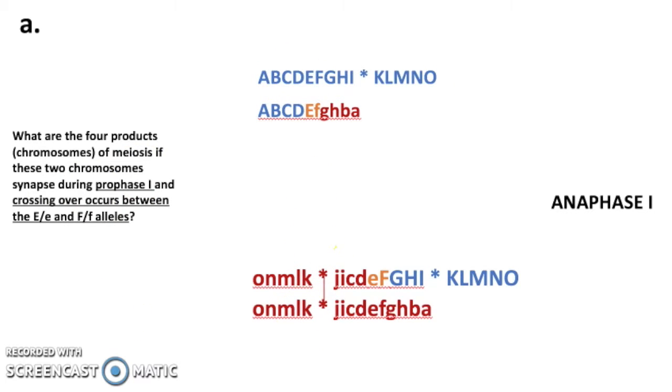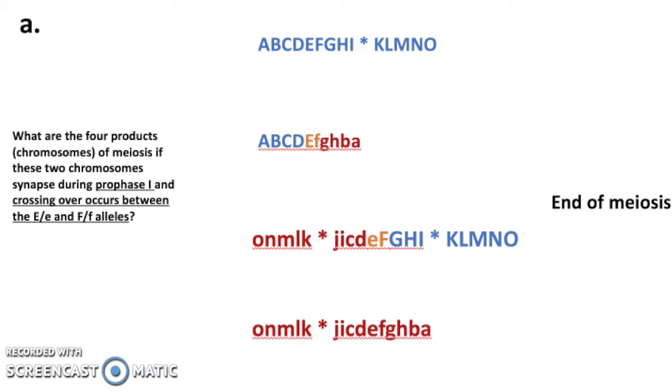And then they'll go through another round of divisions for the second phase of meiosis. And at the end of meiosis, we're going to have 4 total cells, each with a different one of the chromosomes in them.